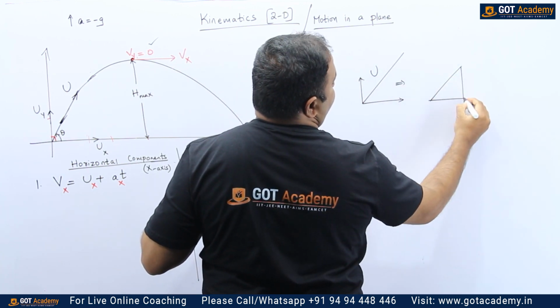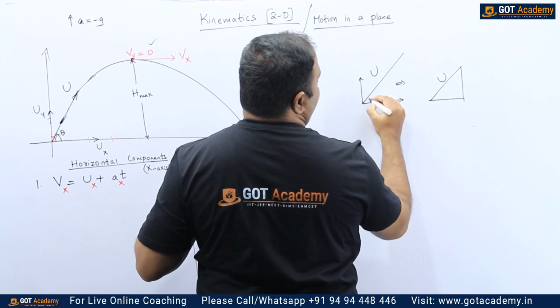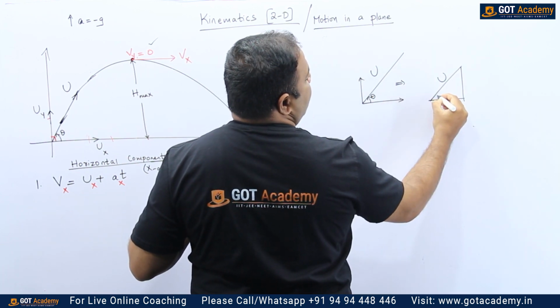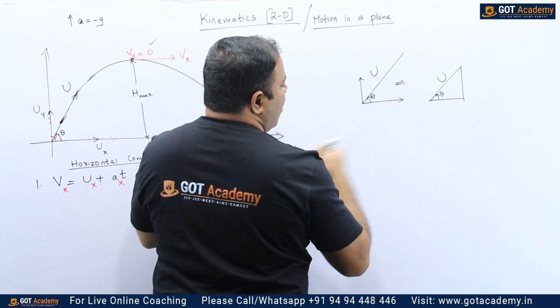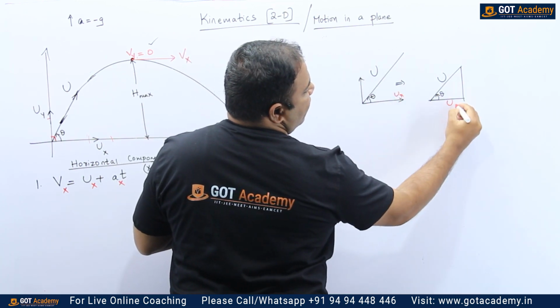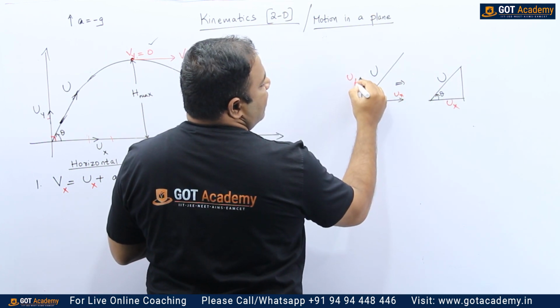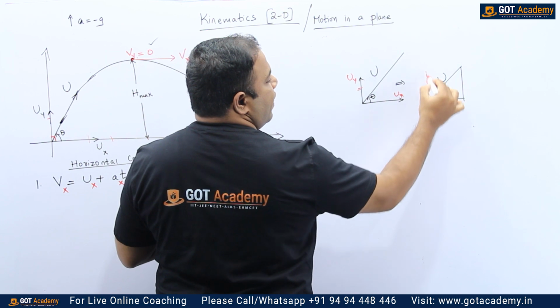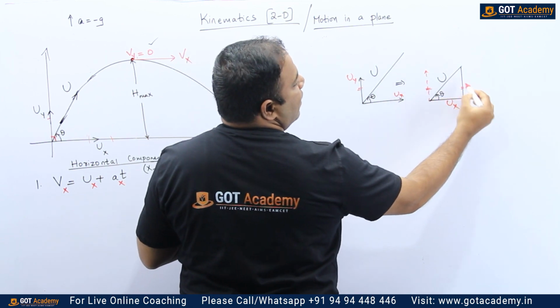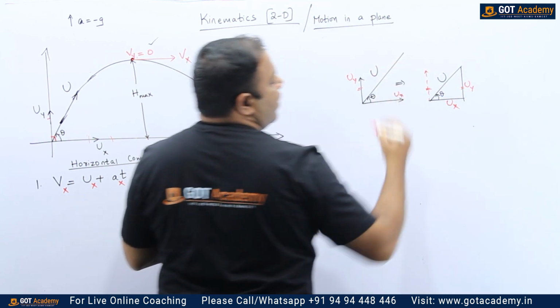So this is u and here the angle theta mentioned with respect to horizontal. So you are telling me that this is x component of velocity. So why don't I take here x component? And you are saying that this is y component of velocity, right? So it means here you are having a y component of velocity. These two are parallel. So this could be written as y component.